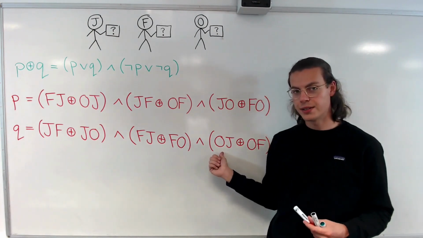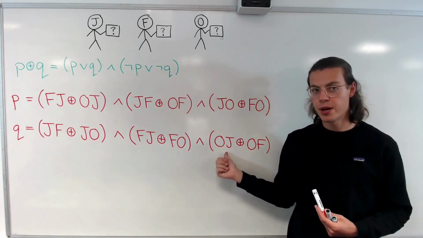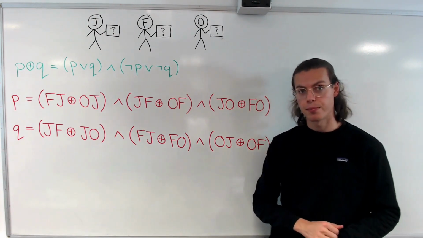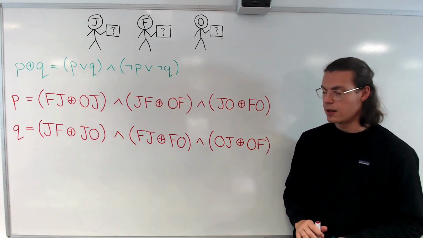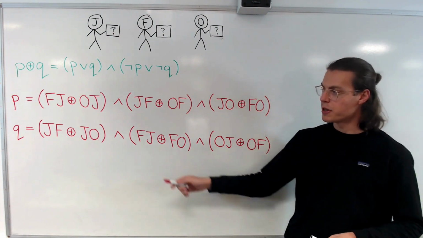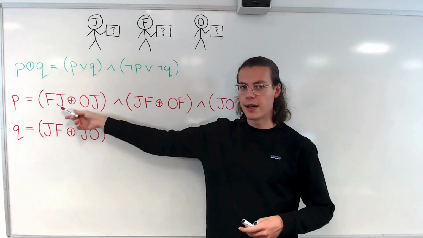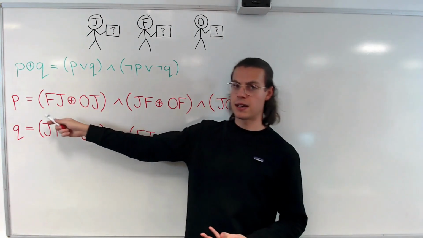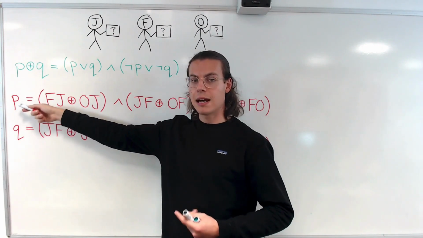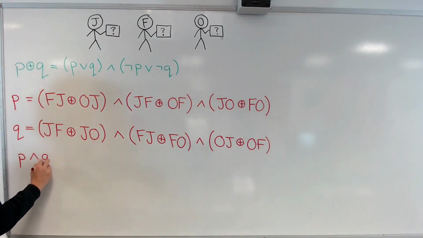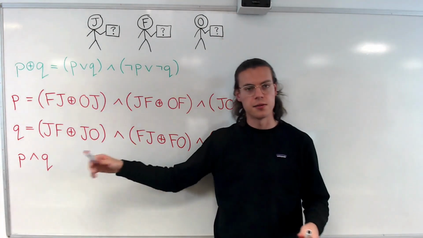Either Oscar is written on Joel's paper or Oscar is written on Felix's paper, but not both. Now, we have all the information we need. We know that both of these formulae are true. So for our final expression, we just need to say that P is true and Q is true. P and Q.